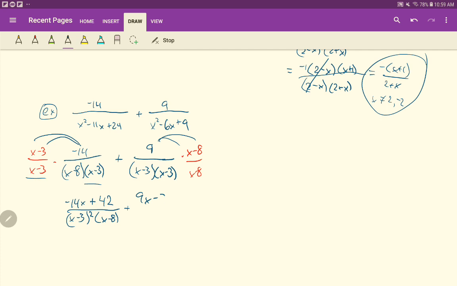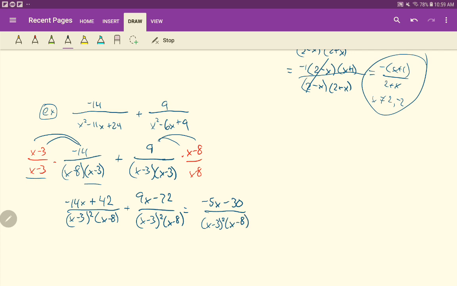So 9x minus 72 over x minus 3 squared times x minus 8. And then just combine your like terms here. We're adding, so it's very easy to do. So negative 14 and 9 makes negative 5x. 42 minus 72 is negative 30, over x minus 3 squared times x minus 8.